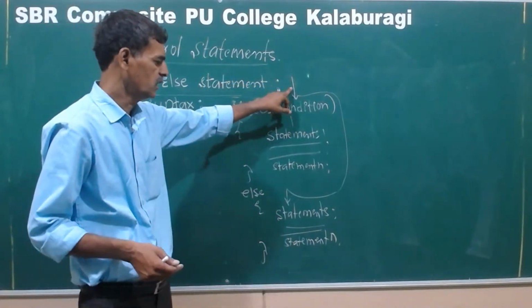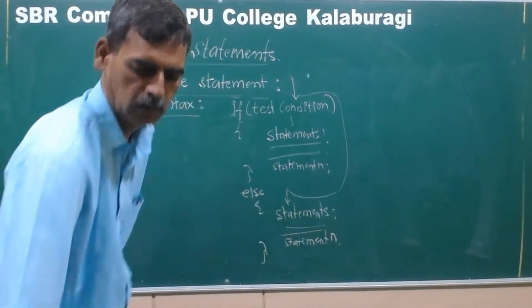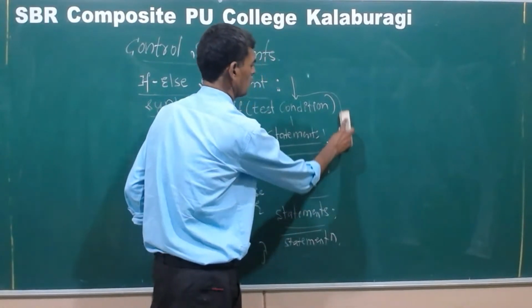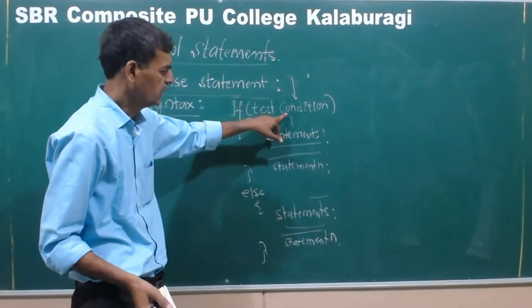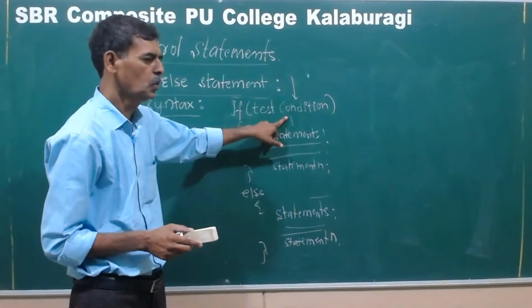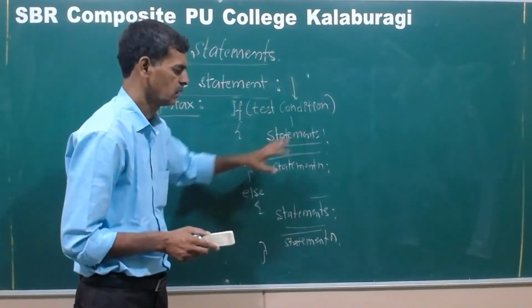So when the control comes here, it will check the test condition. If test condition is true, then statements in this block are executed.